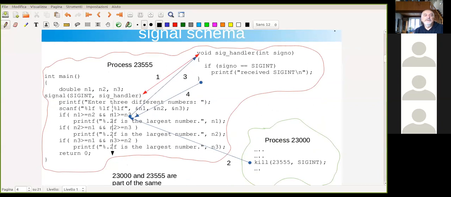So this is an example using real code. Suppose we have the process 23555. Numbers are absolutely randomly chosen. And we have another process, 23000, which must be part of the same family, meaning that the two processes are owned by me.